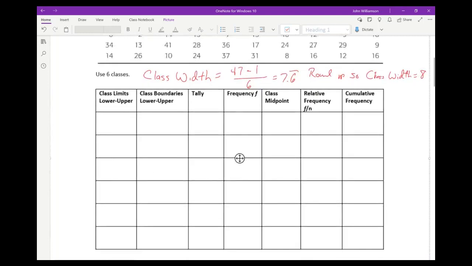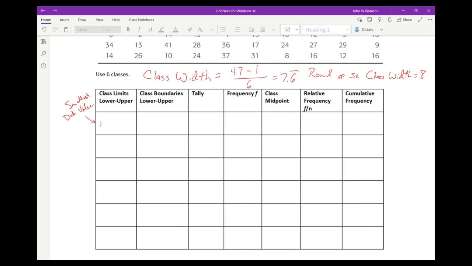So from there, we want to fill in those class limits. To start with the class limits, we're always going to work with the lowers first. Your first lower class limit is going to be your smallest data value. So we just start with 1 because that was our smallest data value.